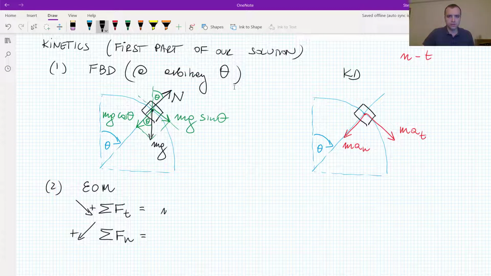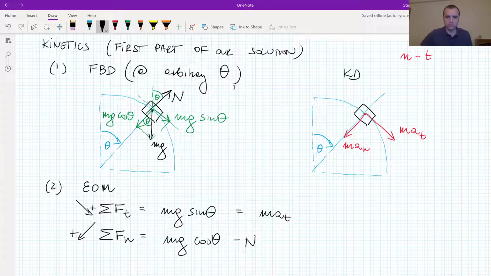Okay, I am ready to write down our equations of motion. So in here we will have mg sine theta equal to m a_t, and in the n direction, I will have mg cosine theta minus N equal to m a_n.